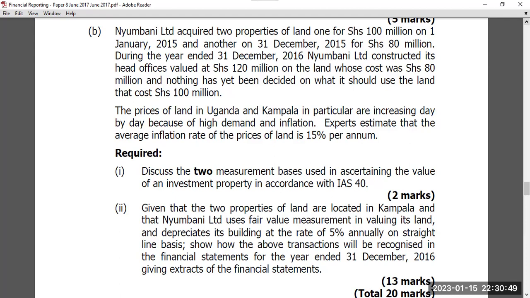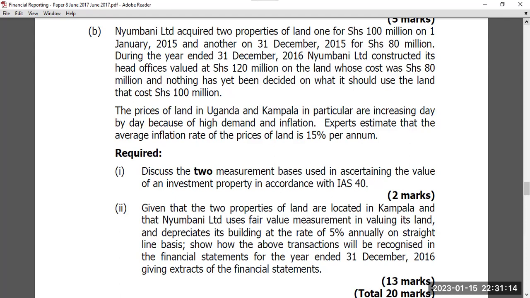So it means that we are going to look at those two models that are used under IAS 16. Which one represents the market value? Because we say the fair value is more or less the estimated market value or the market prices.